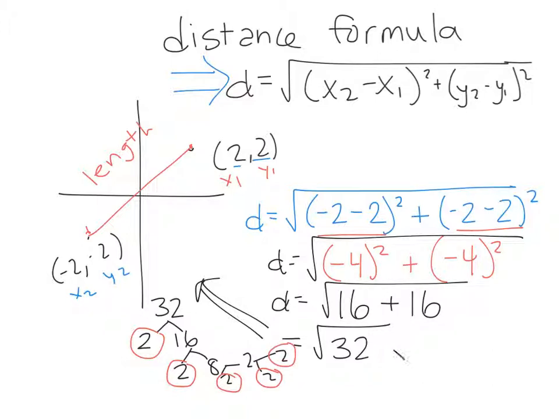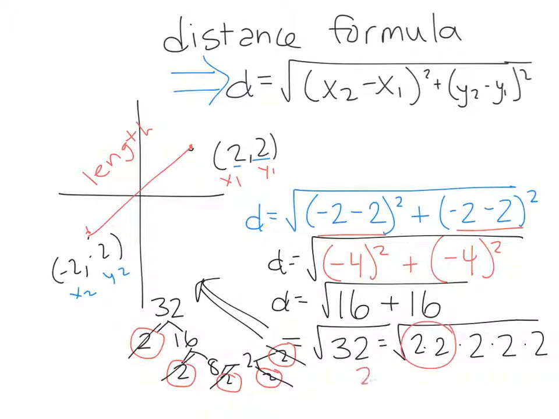So I have the square root of 32 is equal to the square root of 2 times 2 times 2 times 2 times 2. So because it's a square root, I can pull out one group of 2, another group of 2, and now I have 2 left. So the answer is 4 root 2. So if you can simplify and pull out doubles, that's what you need to do.